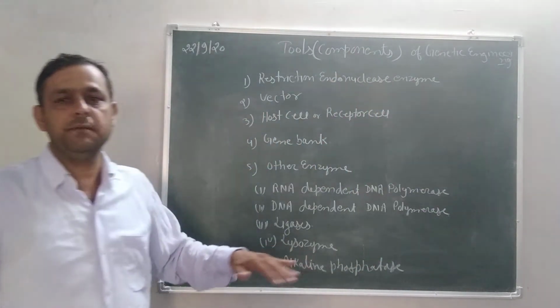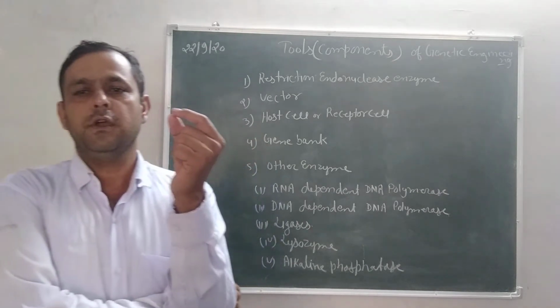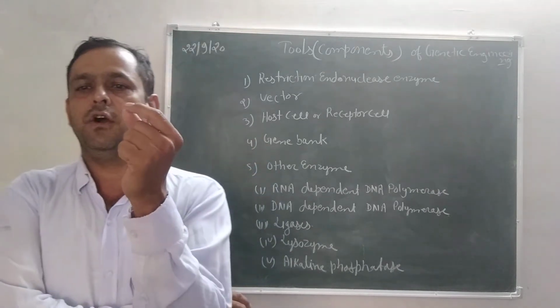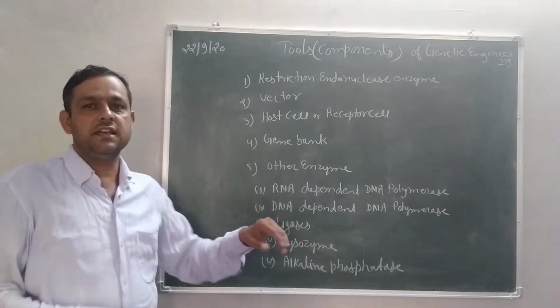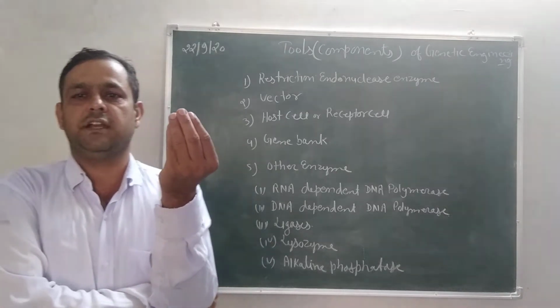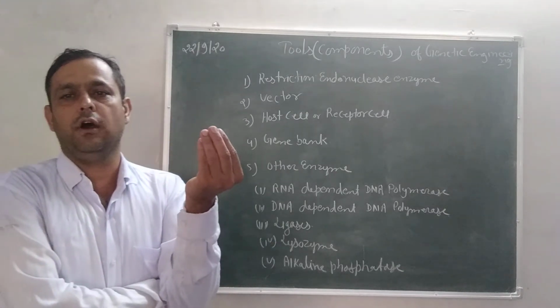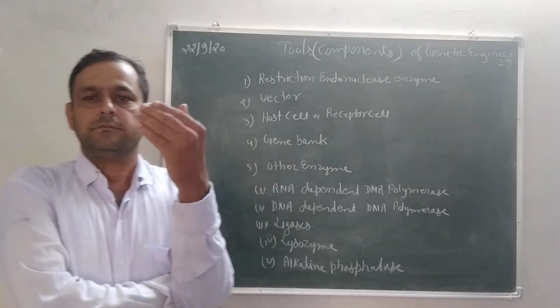Second, lysozyme. Lysozyme is the enzyme that dissolves the cell wall of bacteria so that DNA of bacteria can be isolated. Ligase, as you know, the function of this enzyme is attachment of the DNA fragment on the template. DNA dependent DNA polymerase.